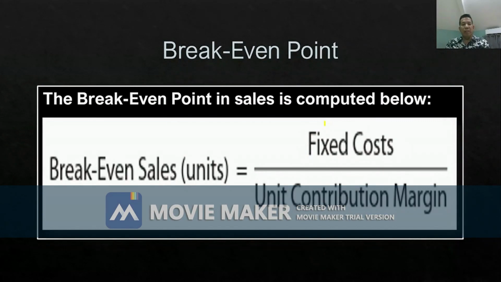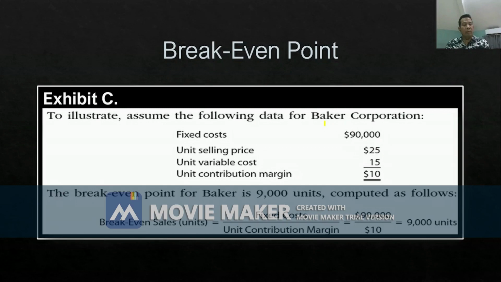The break-even point in sales units is computed as fixed cost over the unit contribution margin. To illustrate, assume the following data for Beaker Corporation.